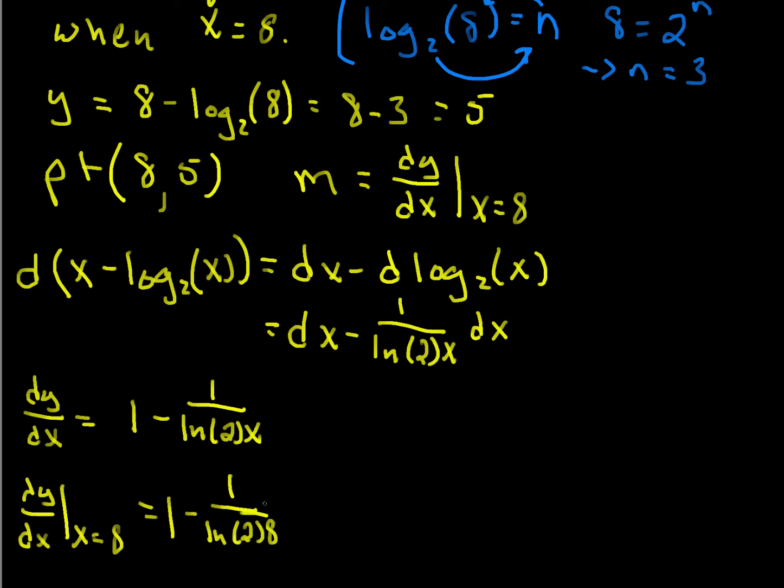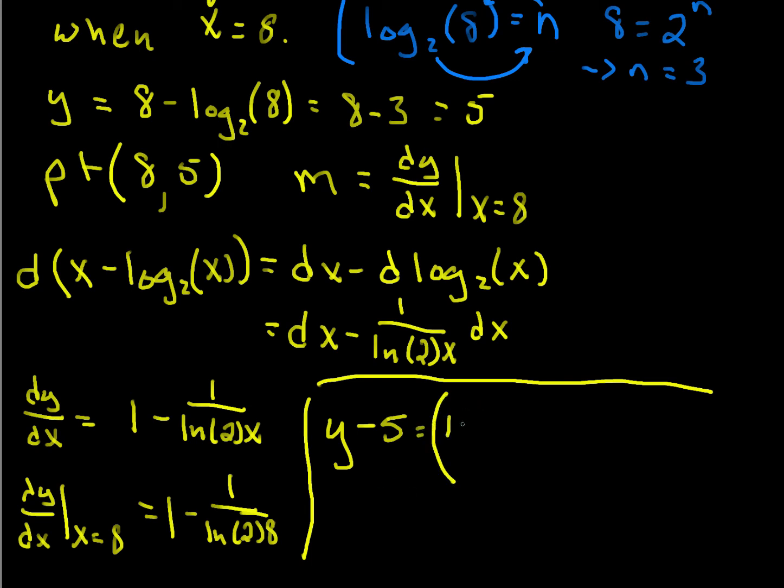Other than getting an estimate for this, this is the best we can do for our slope, because natural log of 2 is not a rational number. So this is our slope. Then we put it into point-slope form for our tangent line: y minus our y coordinate, which we calculated as 5, is equal to our slope, 1 minus 1 over 8 ln of 2, times x minus our x coordinate, which is 8.